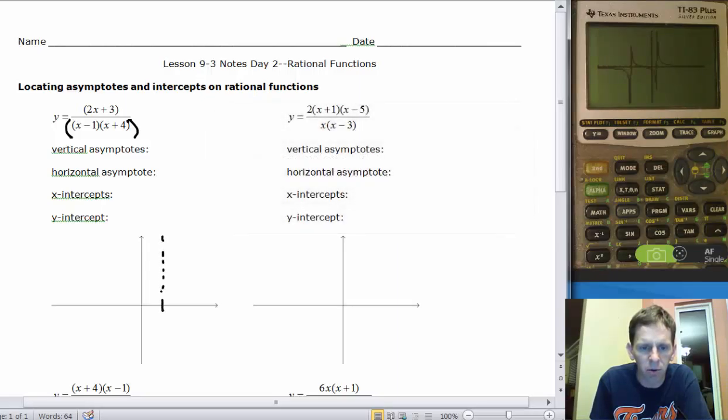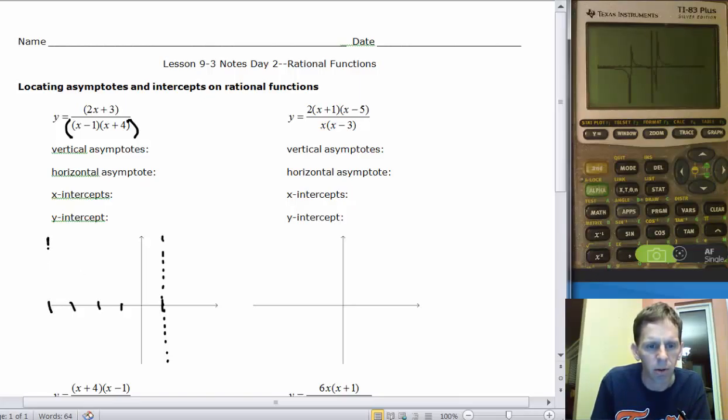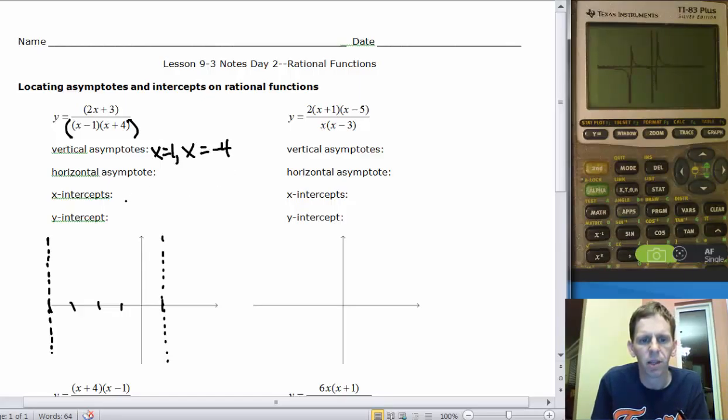There's instead an asymptote, which we'll denote by a vertical line. Same thing is true at -4. I'm going to do 1, 2, 3, 4 tick marks, and we'll do a vertical line here at -4 to denote that that's an asymptote as well. I'm going to write this as an equation, x equals 1, comma, x equals -4. Those are our vertical asymptotes.